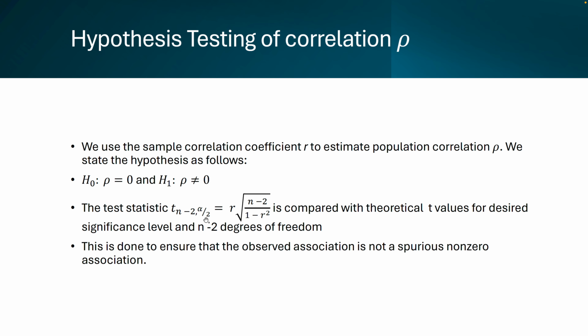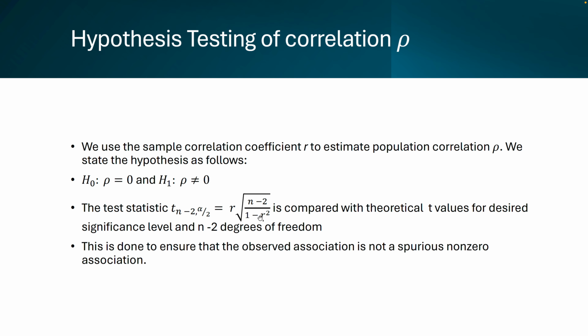And for a given level of alpha, since the alternate is not equal to, we will use the two-tailed test. And here is the t statistic formula that we use to compare with the theoretical t value for the desired level of significance and n minus 2 degrees of freedom. This is done to ensure that the observed association is not a spurious non-zero association.